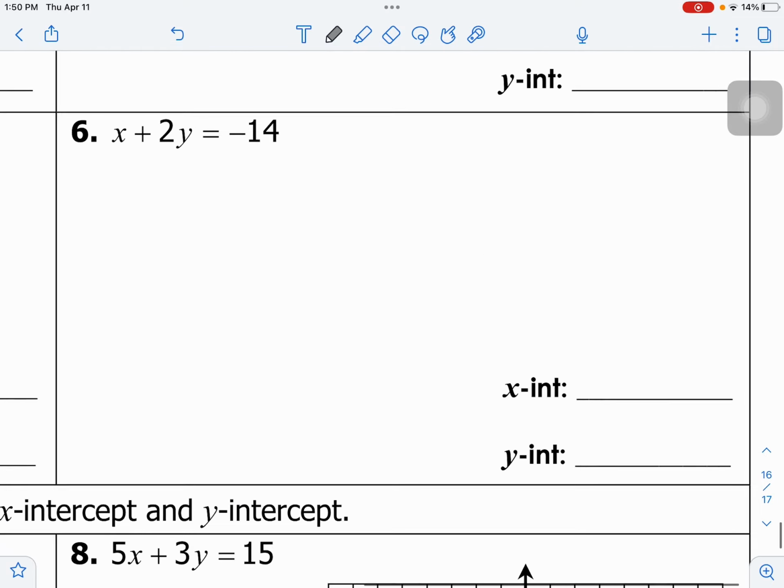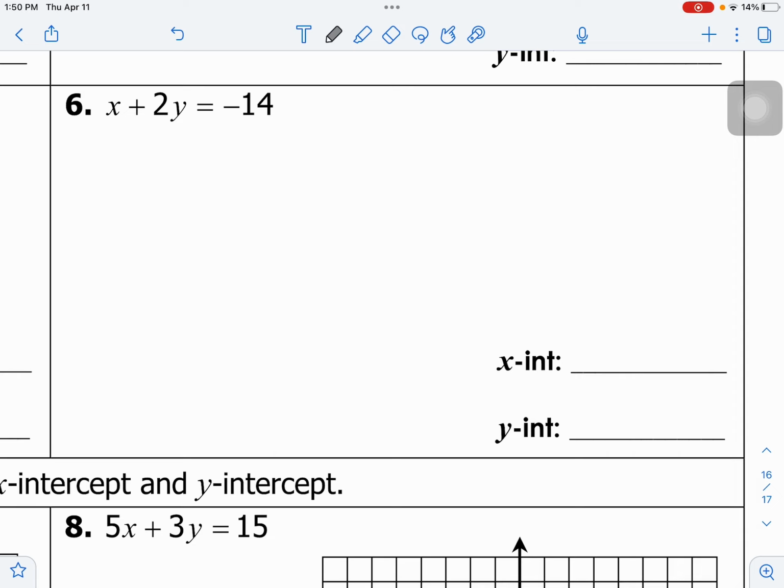Another one that we can do is number 6. For standard form, the math is a little bit easier because we're always going to be making 0, right? For our x-intercept, we're going to change our y to a 0, which turns that whole term to 0. For the y-intercept, we'll do the opposite. So let's do x-intercept first.